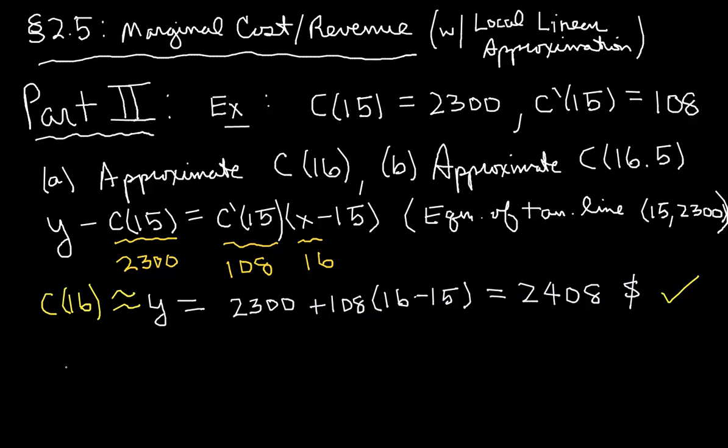For part B, we have y minus 2,300 equals 108 times 16.5 minus 15.